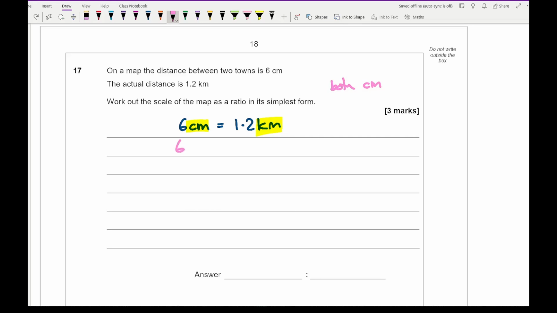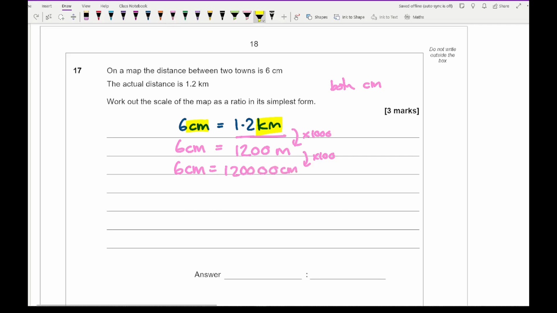So here I've got 6 centimetres. I'm not going to touch anything on the left, but I'm going to start converting this. Now I know 1.2 kilometres is 1,200 metres. And then from this, I can convert that to centimetres by multiplying by 100. And I get 1,200,000 centimetres.